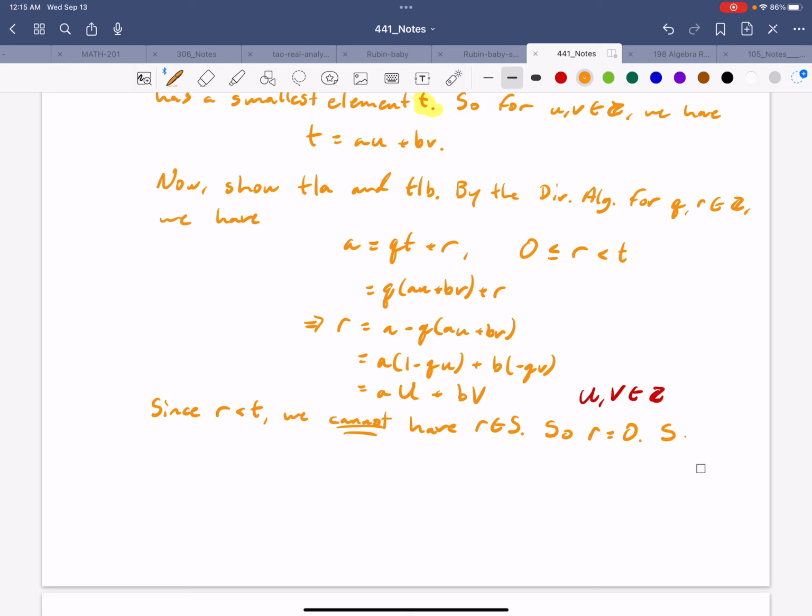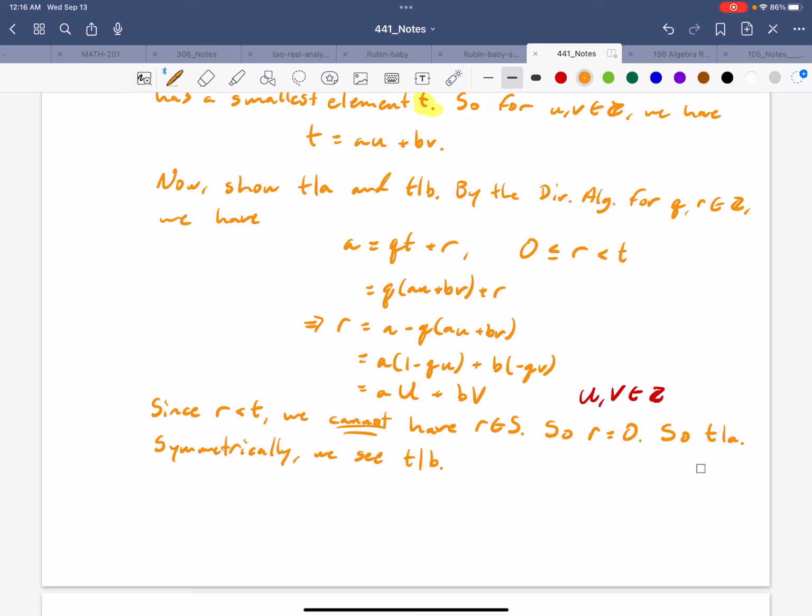Okay? Well, what does that mean? That means that t divides a. And I'll just say analogously, or symmetrically, we can see that t divides b. Okay? So we've shown that t is a divisor of a and a divisor of b.